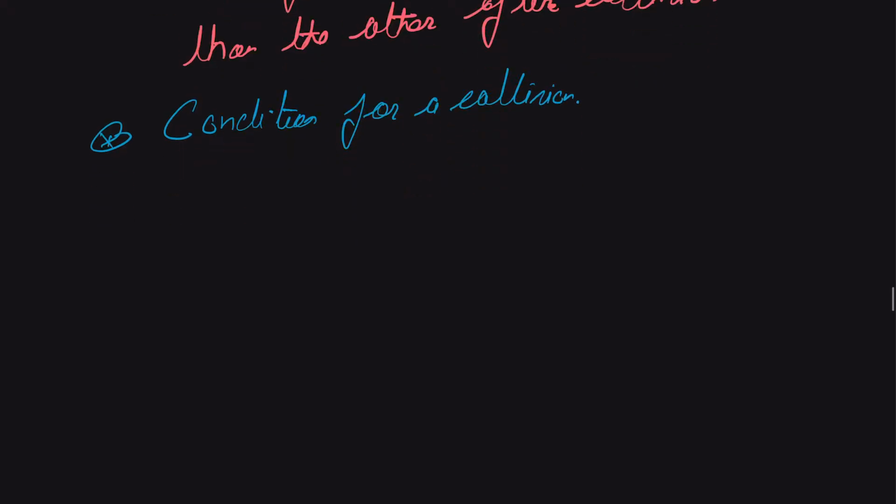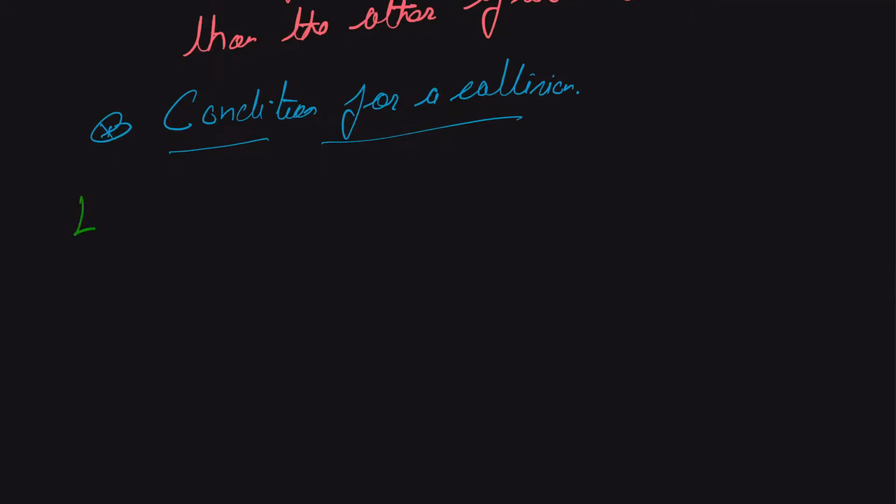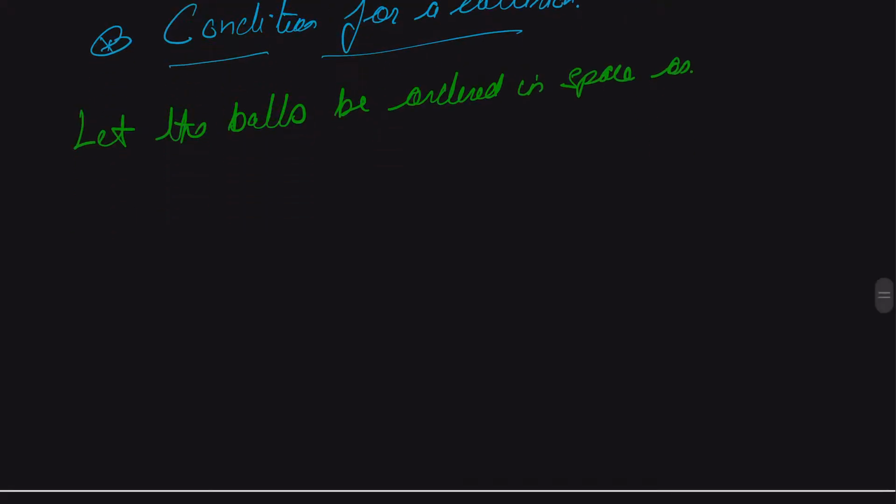For that, let the balls be ordered in space as x1 is the leftmost, then x2, then x3, and so on up till xn. So the nth ball is the rightmost and x1 is the leftmost.